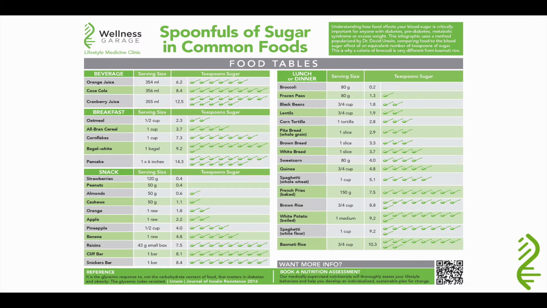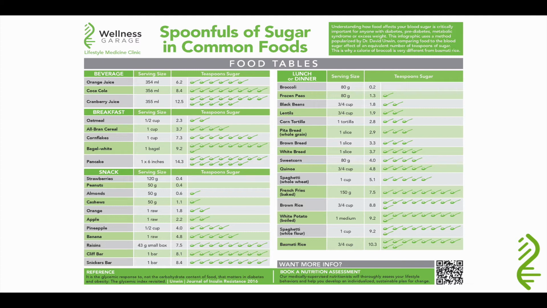The point is to drive home that if there's only a teaspoon of sugar circulating in the blood, then things that have lots of teaspoons of sugar are going to generate quite an insulin response.